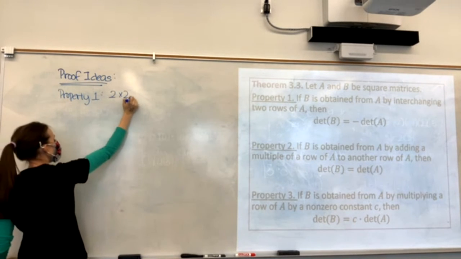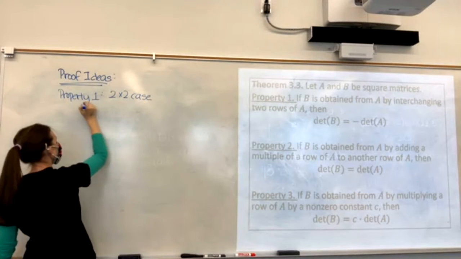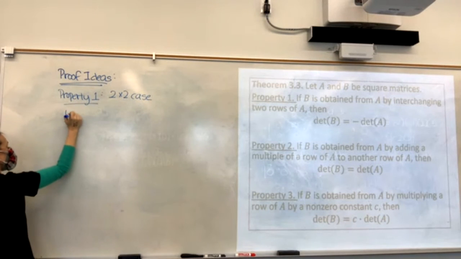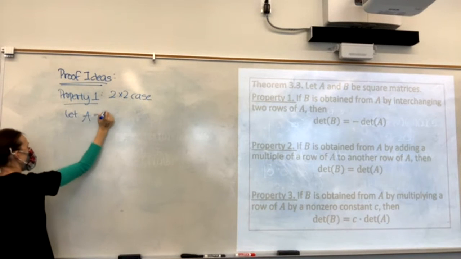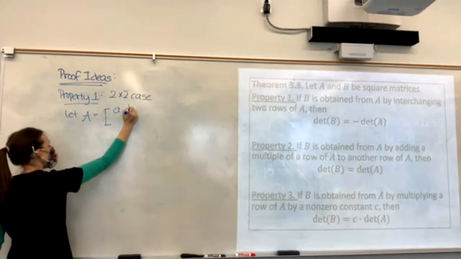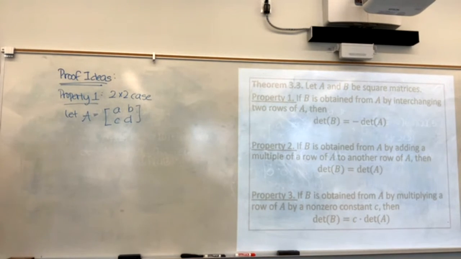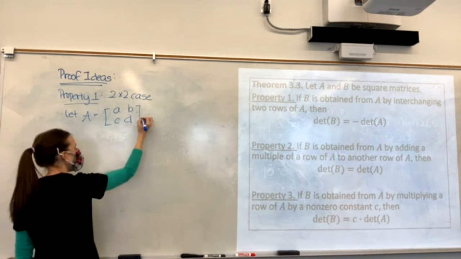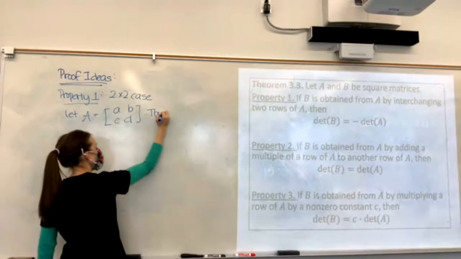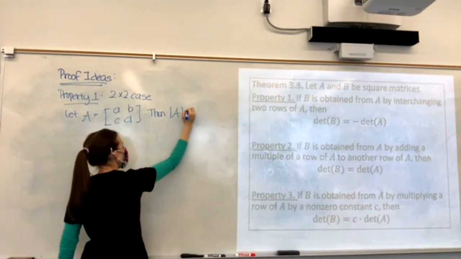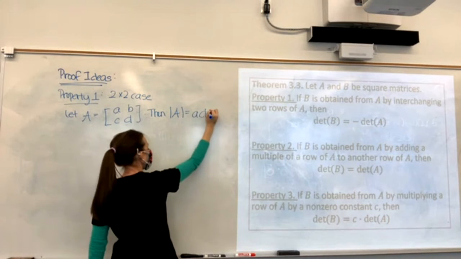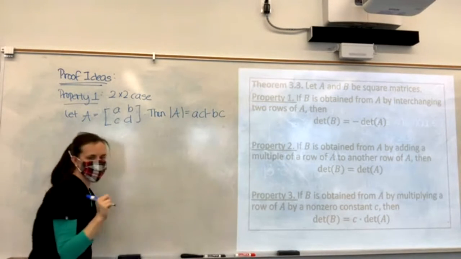Property one: let's look at the 2x2 case. Suppose A is the matrix with rows a, b and c, d. The determinant of A is ad minus bc.